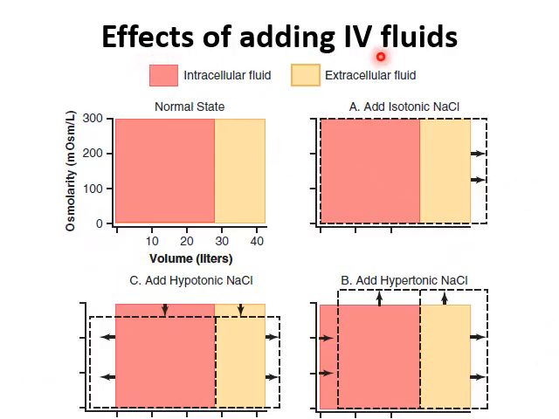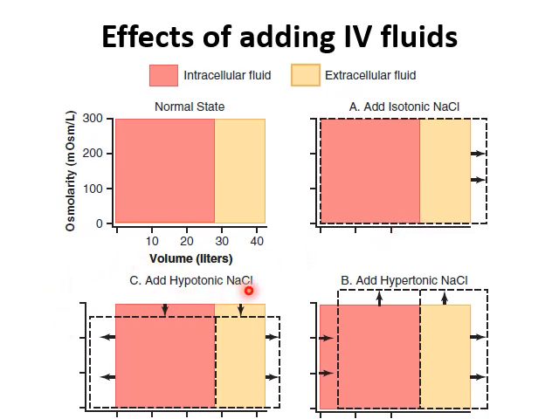Now, let us also learn about the effects of adding common IV fluids. So again, this is a Darrow-Yannet diagram with the y-axis showing osmolality and the x-axis showing the volume. The pink area shows intracellular fluid and the yellow area shows extracellular fluid. When isotonic normal saline is added, there is volume expansion of only the ECF, extracellular fluid.